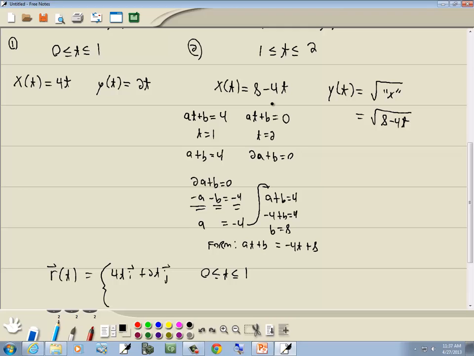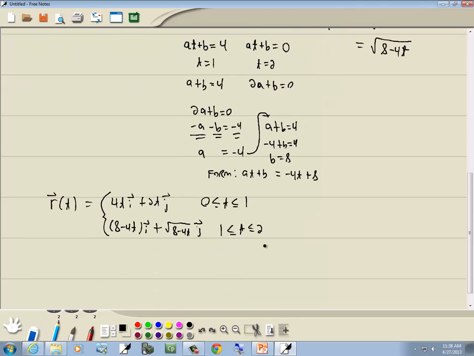And our second piece, we have x, which is 8 minus 4t i, and y, which was the square root of 8 minus 4t j, and this is going from 1 to 2. And that'd be our answer.